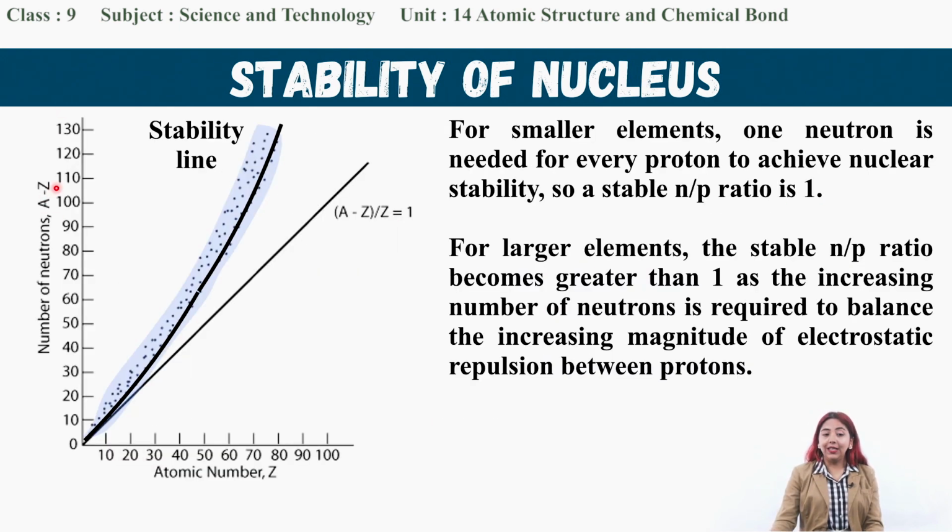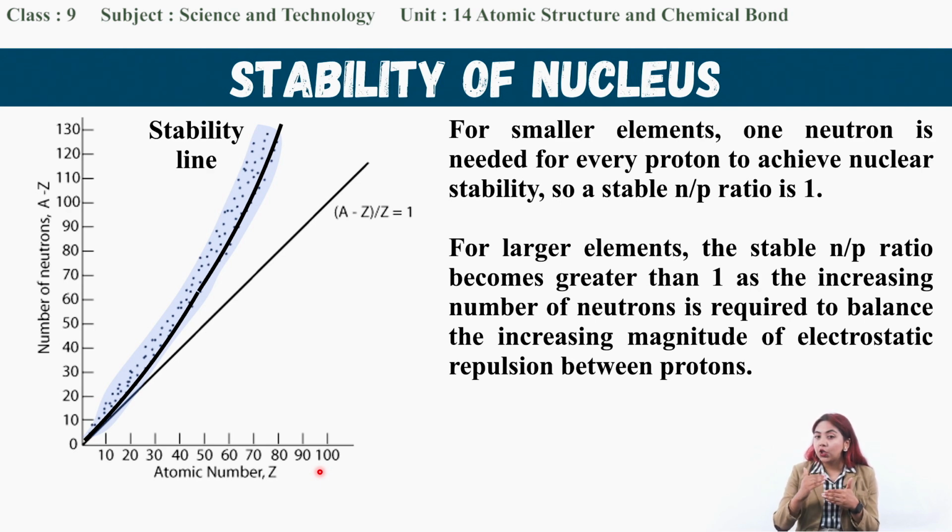This is the graph, and on the y-axis you can see the number of neutrons, and on the x-axis the atomic number, meaning the number of protons, is plotted. Now, for an atom to be stable, what we need is the ratio of the number of neutrons to the number of protons. This ratio should be equal to 1.